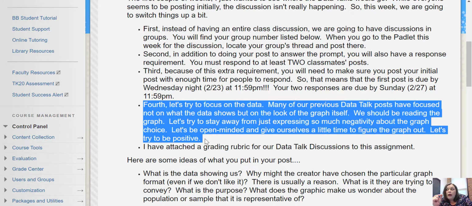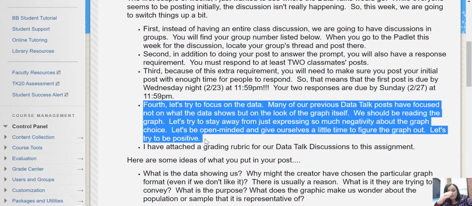So I would encourage you to look over that graph, and maybe you don't agree, like I said before, with how they have decided to present the data, but step back and think about why they may have chosen the graph that they chose. What does the graph that they have presented show that another type of graph maybe wouldn't have? There's always a reason that they chose the one that they chose.